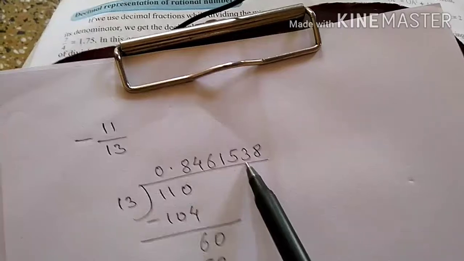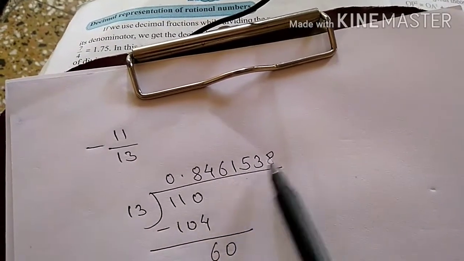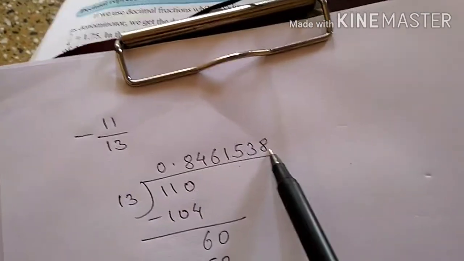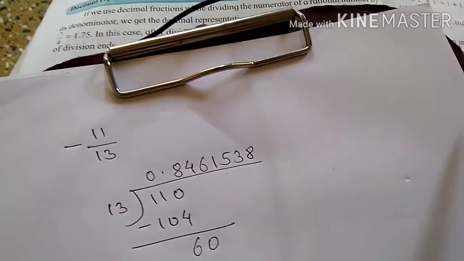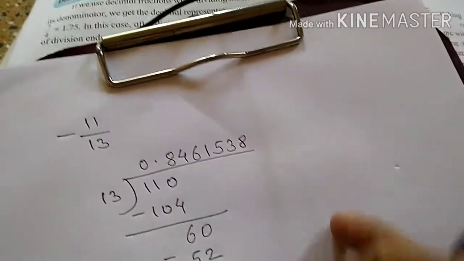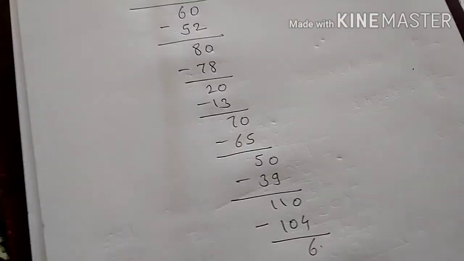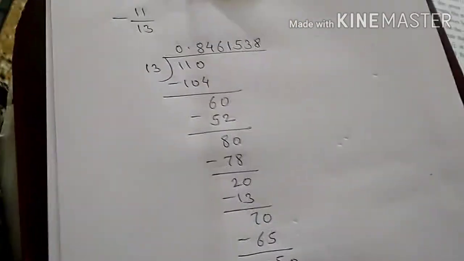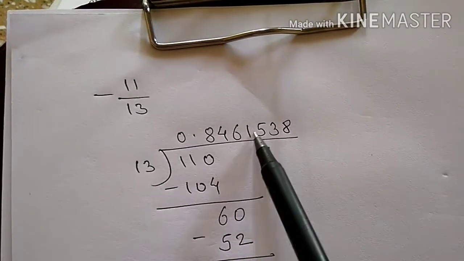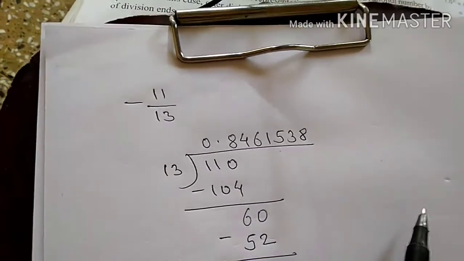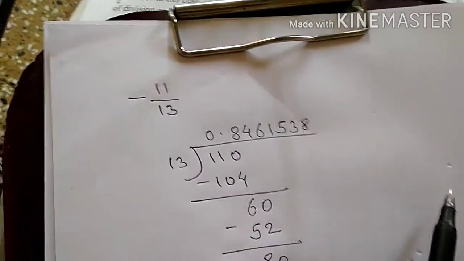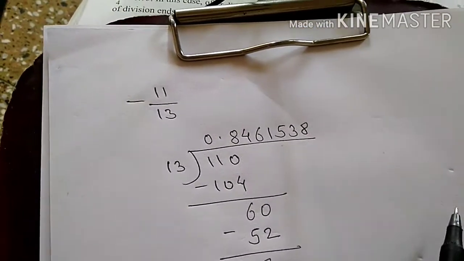It indicates that this group of numbers, look here 8 and again 8 comes, comes again and again and will continue. This division doesn't have any end, so it is a non-terminating number, and since this group of numbers comes again and again, it is a recurring number. So this type of division of a rational number is called non-terminating recurring decimal form.